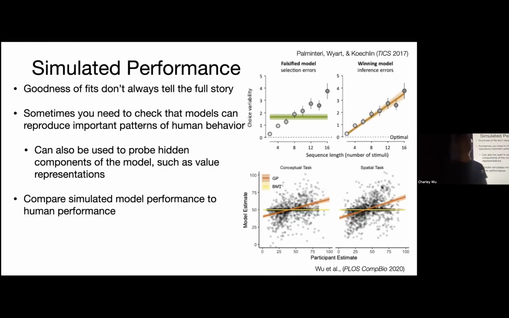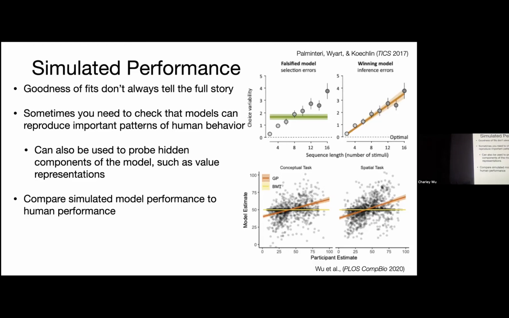So the third kind of robustness check I want to mention was something that Stefano brought up in this really nice paper from 2017, which is that goodness of fits don't always tell the full story, right? And he illustrates this very well with this one model here, which I think is making predictions about choice variability, not primarily trying to predict choices, but the model doesn't capture this aspect of human behavior that seems to be quite important, right?